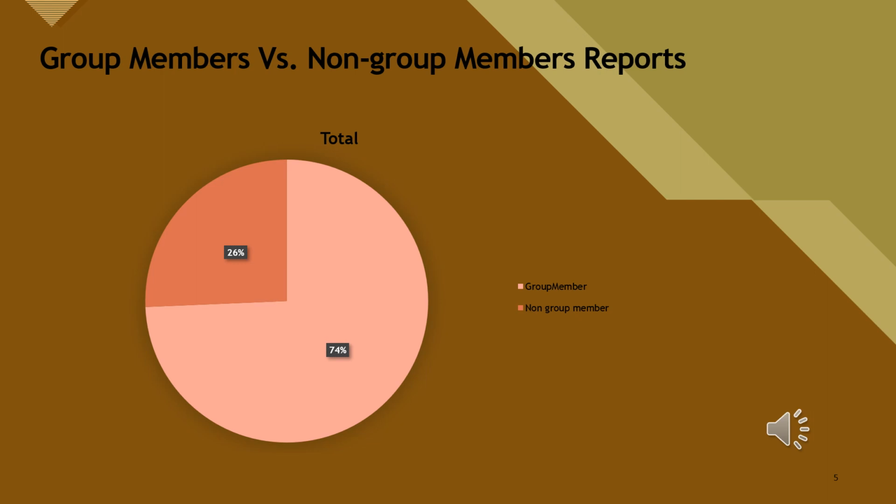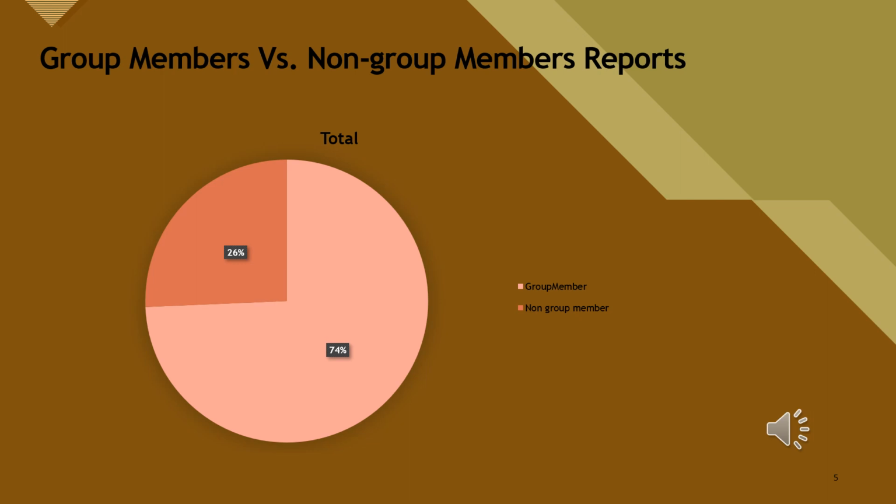It just means that with this graph, the group members are really taking initiative to be on top of everything, on top of incident reporting.